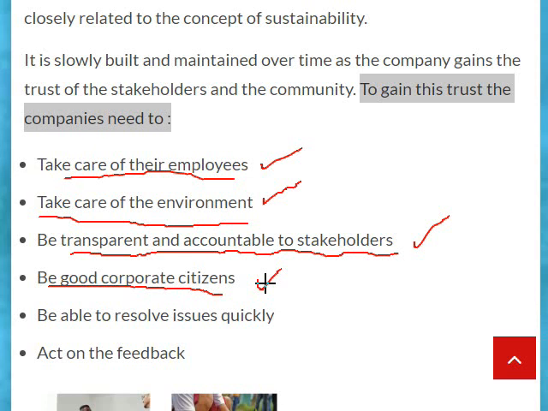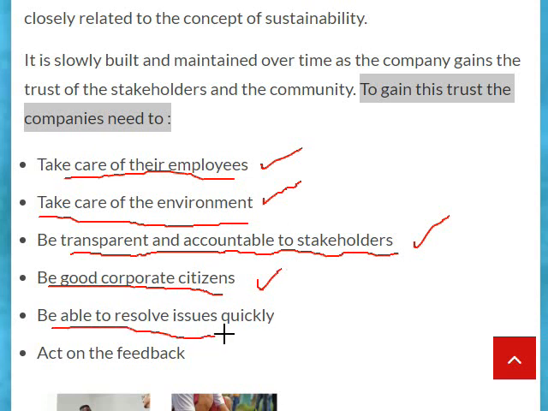You are not being disruptive towards others who might be your competition. So you are having a healthy competition amongst different businesses, which is considered a good sign, and this is about being a good corporate citizen. So this is another thing.